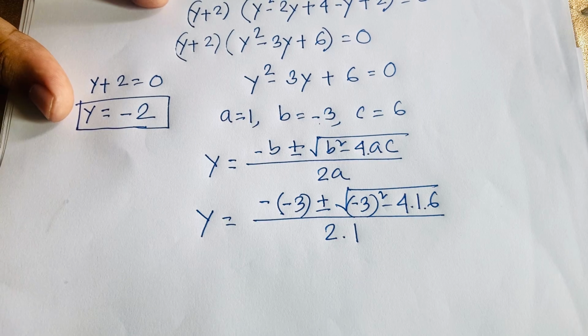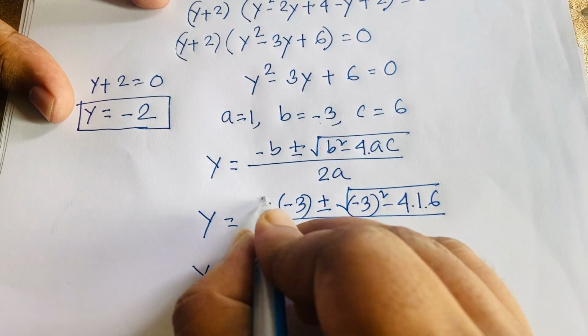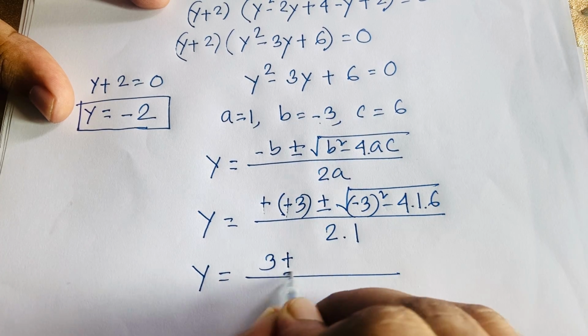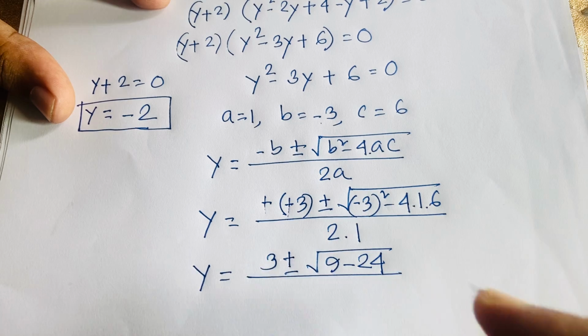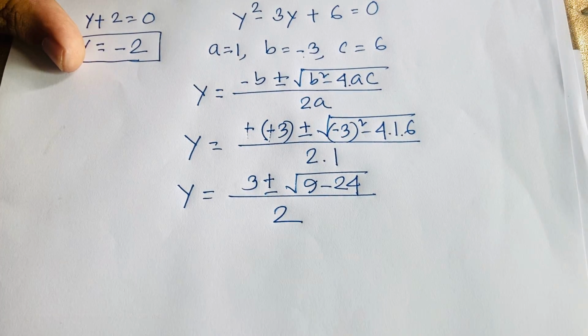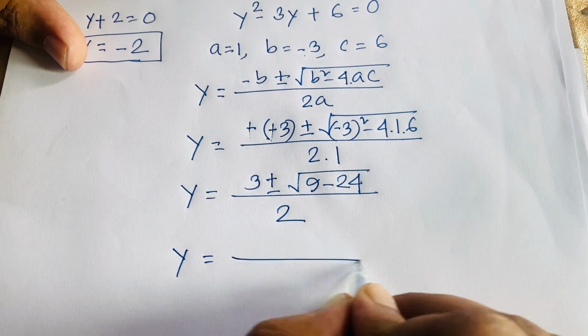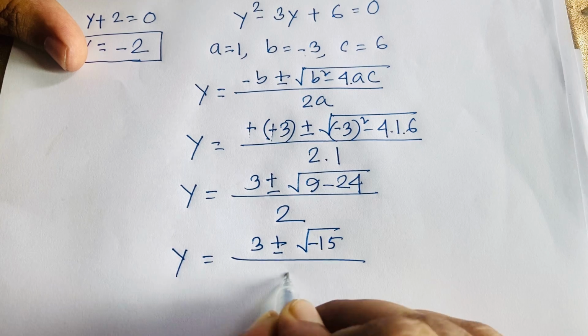Now at this moment I can say easily y is equal to 3 plus minus square root of 9 minus 24, 4 times 6 is 24, over 2. So we'll find our final answer is y is equal to 3 plus minus square root of minus 15 over 2.